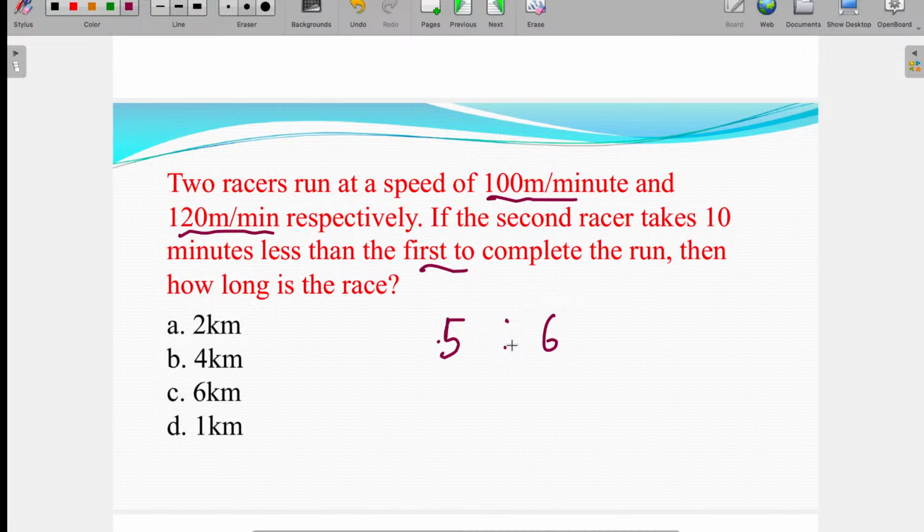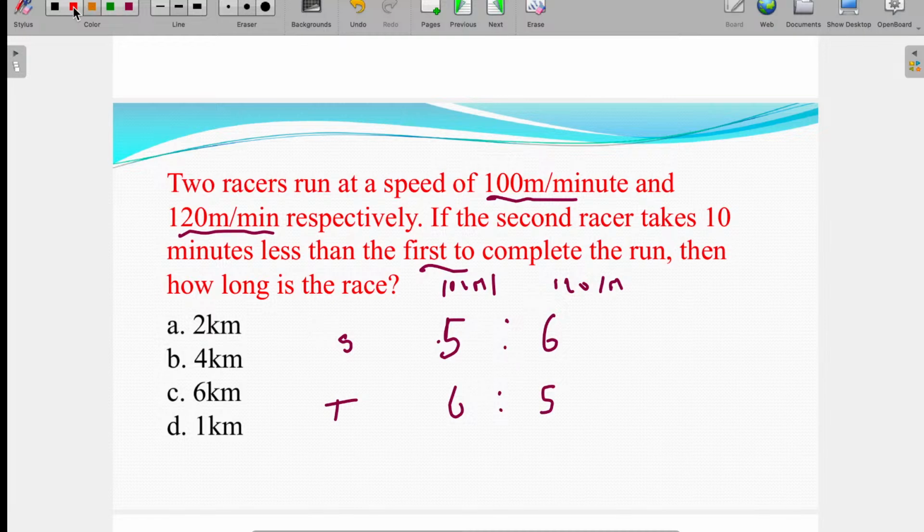Okay, let's see it. 5:6 is the speed ratio. Then the second racer takes 10 minutes less than the first, so the time ratio will be 6:5. The original speed is 100 meters per minute, and the other speed is 120 meters per minute.